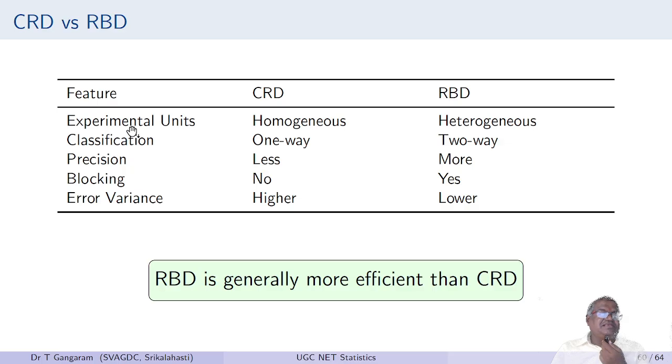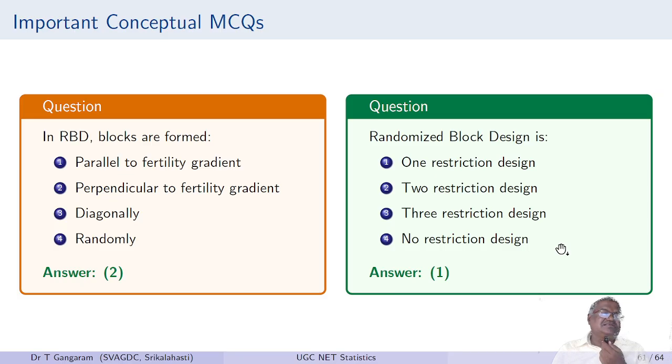Here the features: experimental units are homogeneous in CRD and heterogeneous in RBD. Classification is one-way in CRD, while in RBD it is two-way. Precision is less in CRD and more in RBD. There is no blocking in CRD, yes in RBD. Error variation is higher in CRD, lower in RBD. RBD is generally more efficient than CRD.